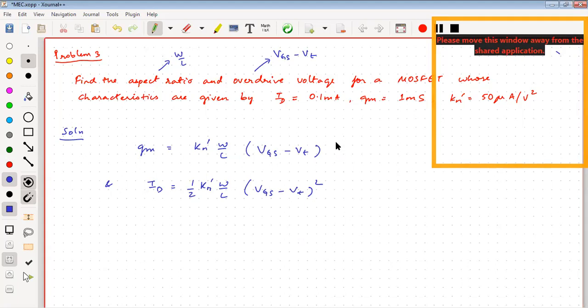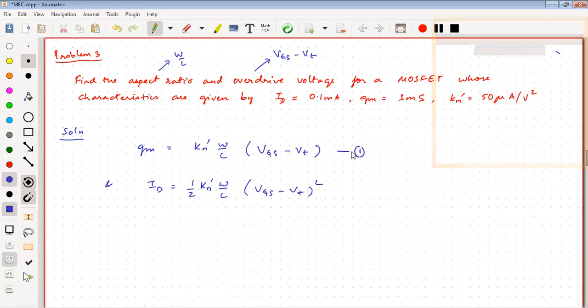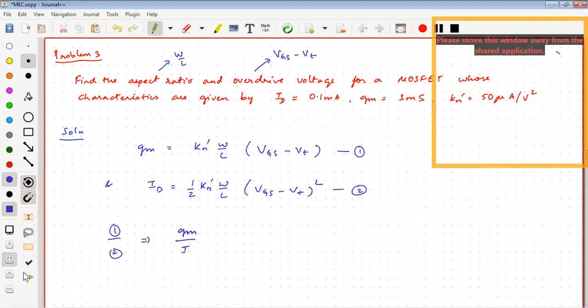Now what I do is I divide the both of it. So gm by ID is equal to 1 divided by half, Kn prime W by L will get cancelled, VGS minus VT will get cancelled.